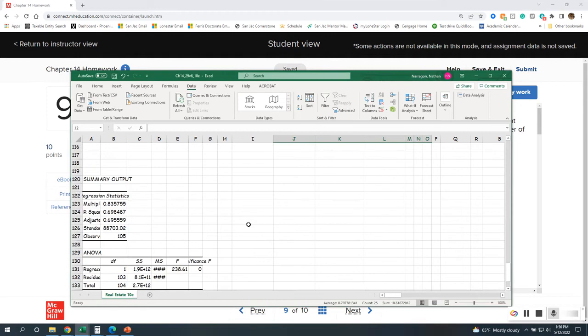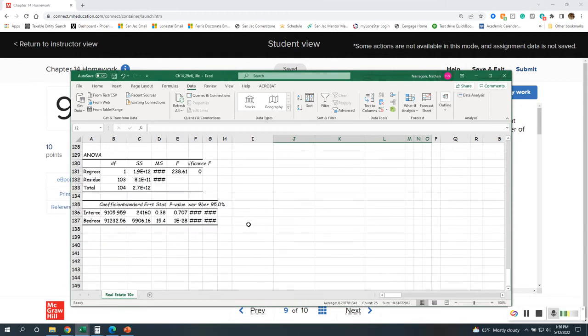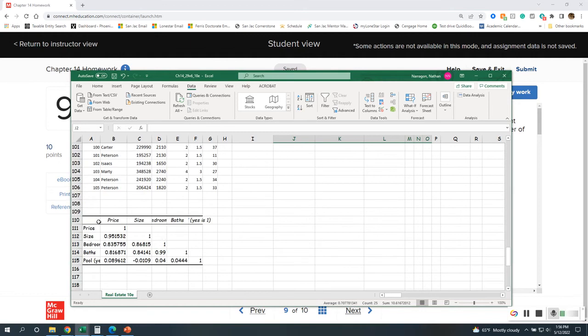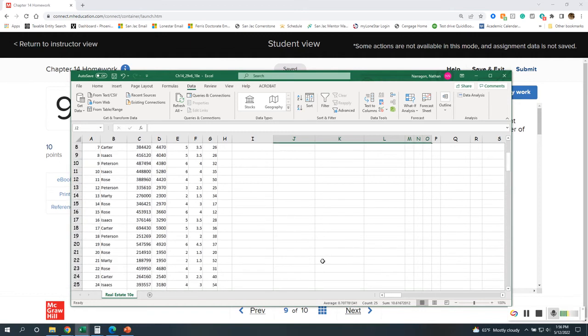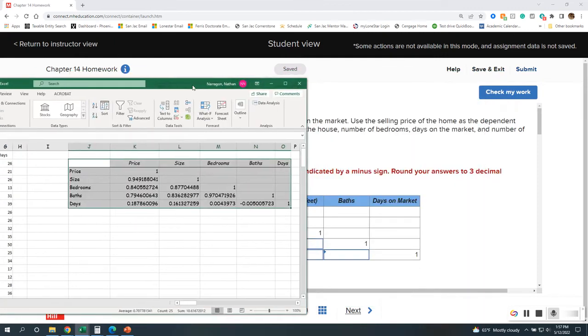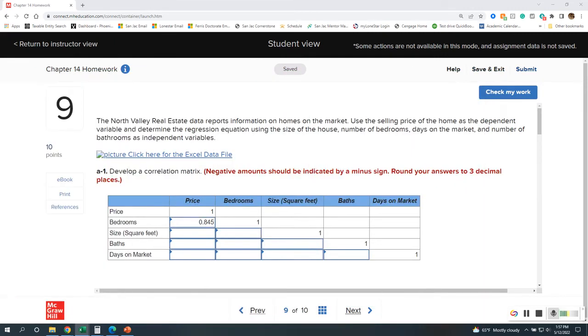Now hit OK. I don't know why we got the regression stuff here. We're probably going to be using that later. Did not know that was there when I deleted stuff. Oh well. It's okay. We can always re-download and do this. But notice that did do the correlation for us. So now, all we have to do is put it into these items.